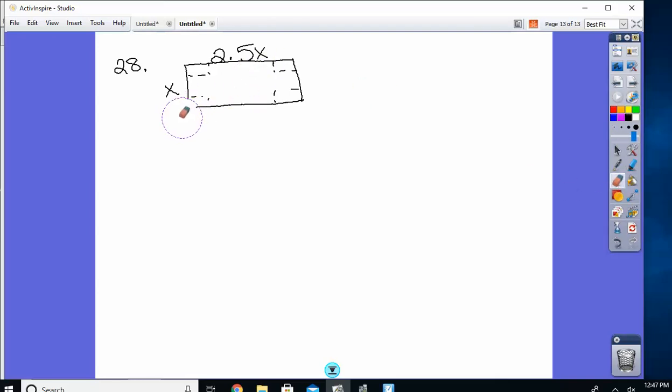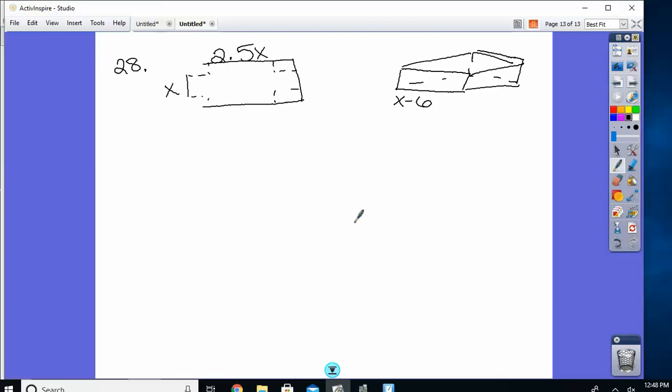So we have x, but I took off 3 there, and then I take off 3 up here. So how much have you removed? In our box, I'm going to draw that so I can label. So it was x, but we took 3 off each end, so now it's x minus 6.